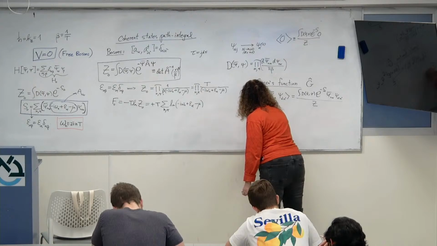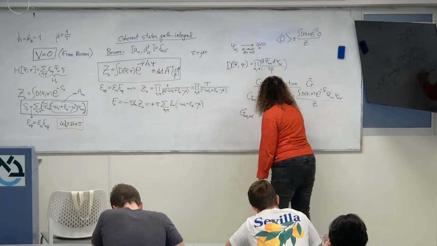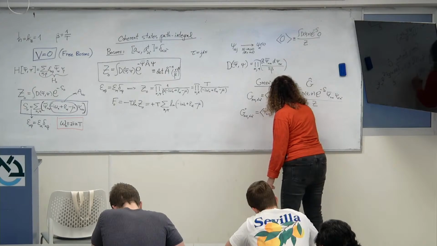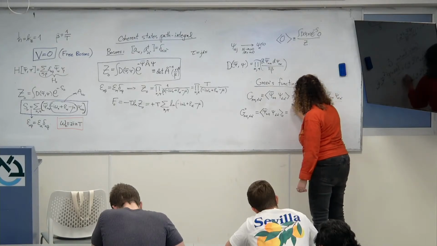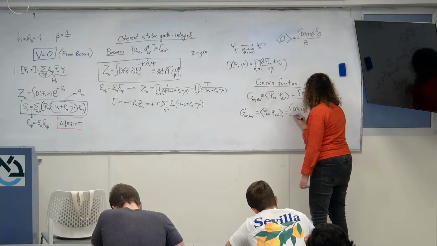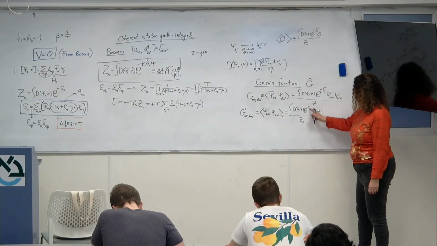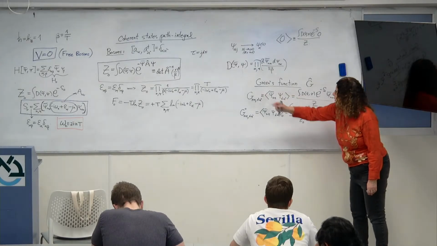So this is the same thing, psi n prime alpha prime, computed in S naught, so it's e to the minus S naught of the same thing, divided by Z naught.